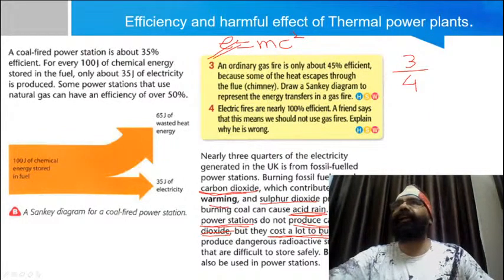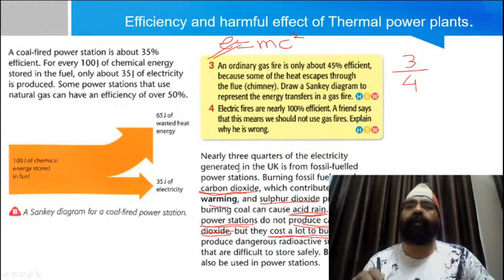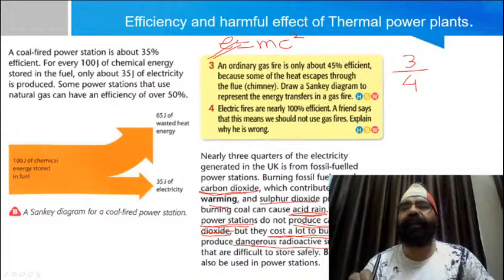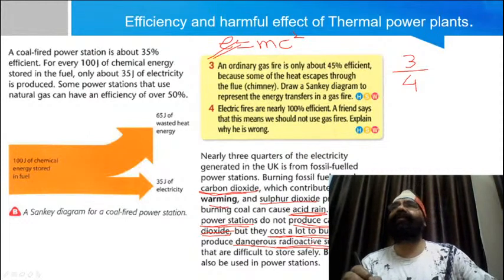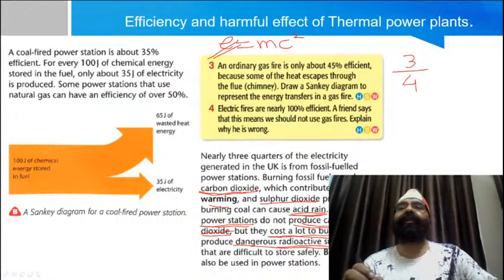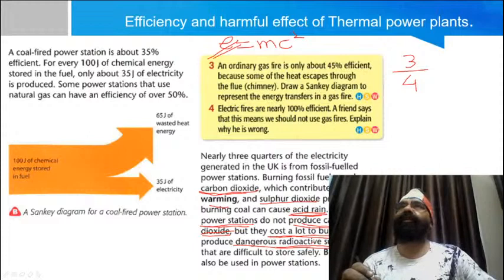So the cost of building a nuclear power station is huge. And then I've already talked about the dangerous side effects. They produce dangerous radioactive radiations. Not substances, they produce radioactive radiations. These radioactive radiations can cause cancer, they can deform our genetic material.